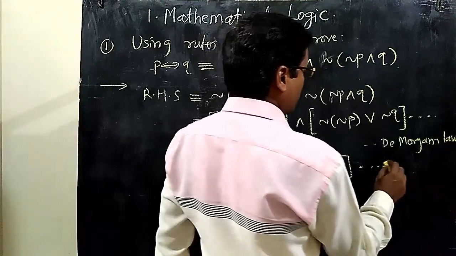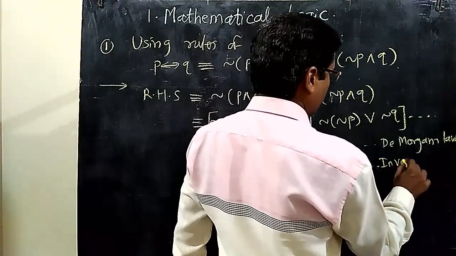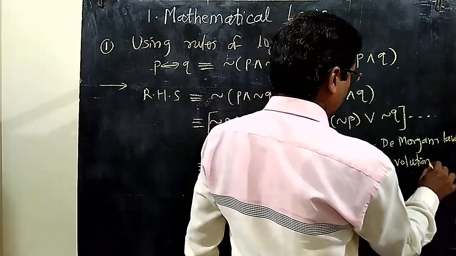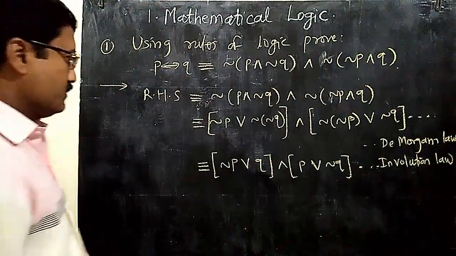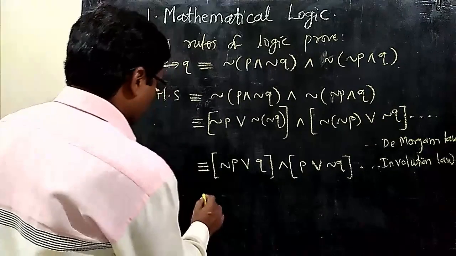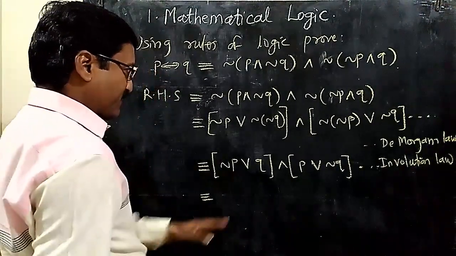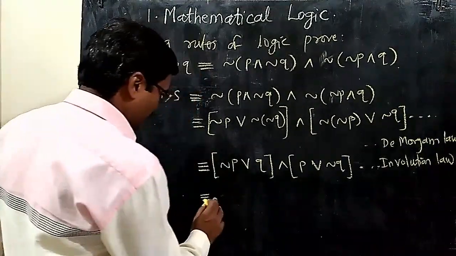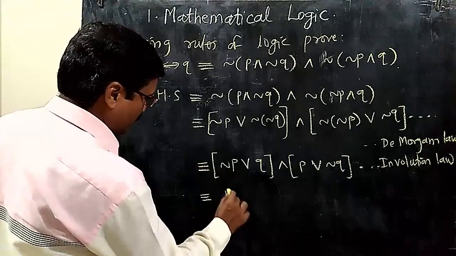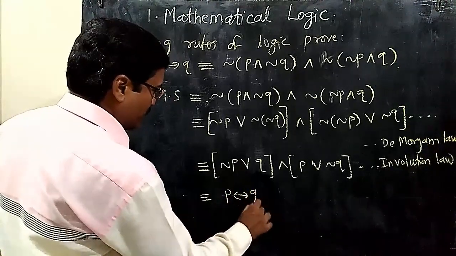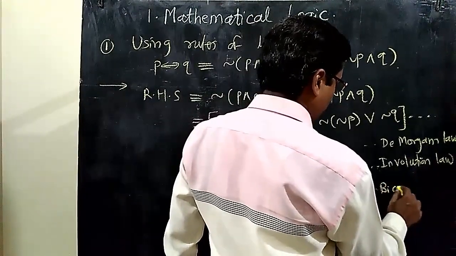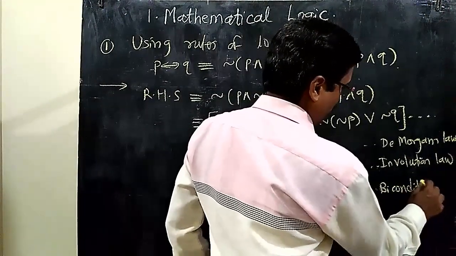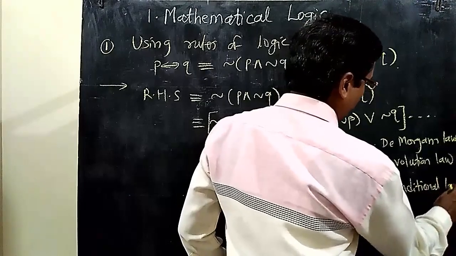So we can give here the result by involution law. And if you observe this, then by biconditional law, this is the exact RHS of that biconditional law, so it is equal to P biconditional Q. This is by biconditional law.